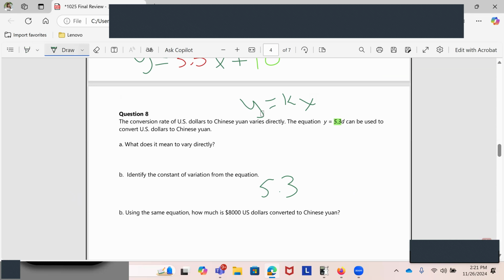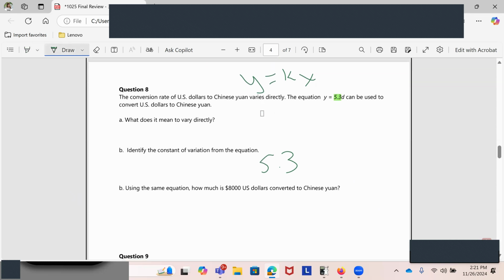And then they want us to use the same equation to figure out how much $8,000 would be converted into Chinese yuan. I'd say yuan probably. So we're going to take y equals 5.3 times 8,000. Do it in your calculator. It's definitely not one I try to do in my head.